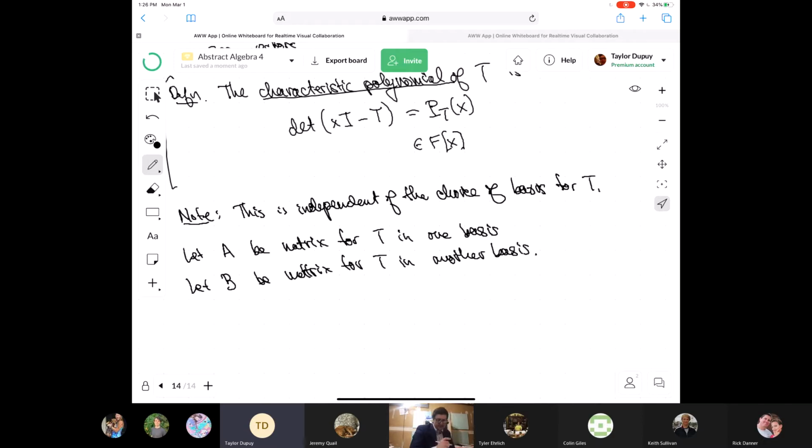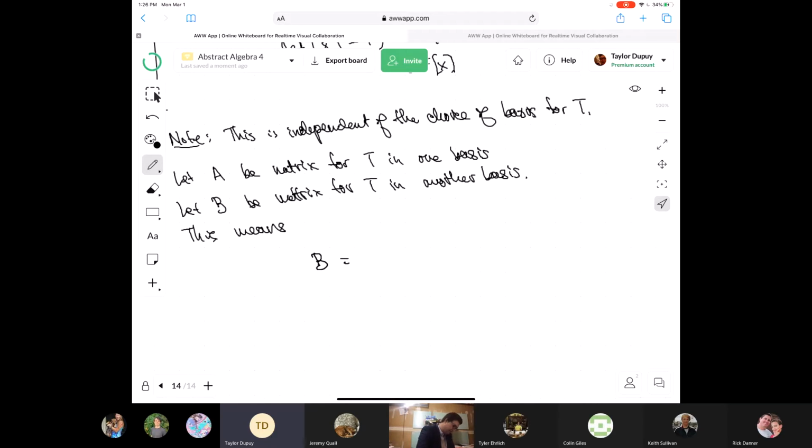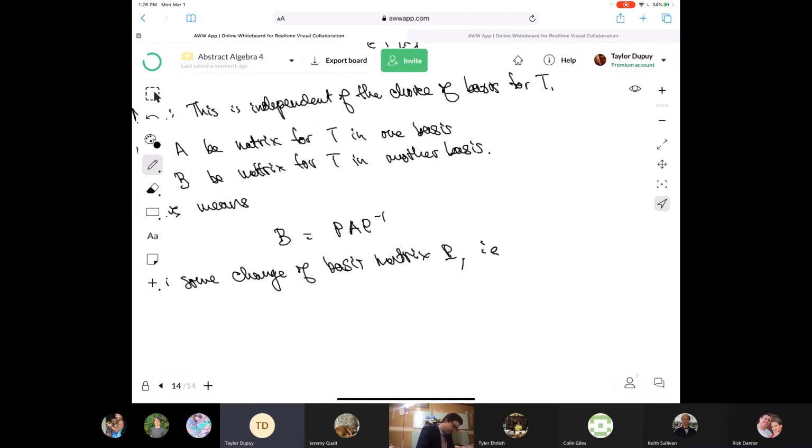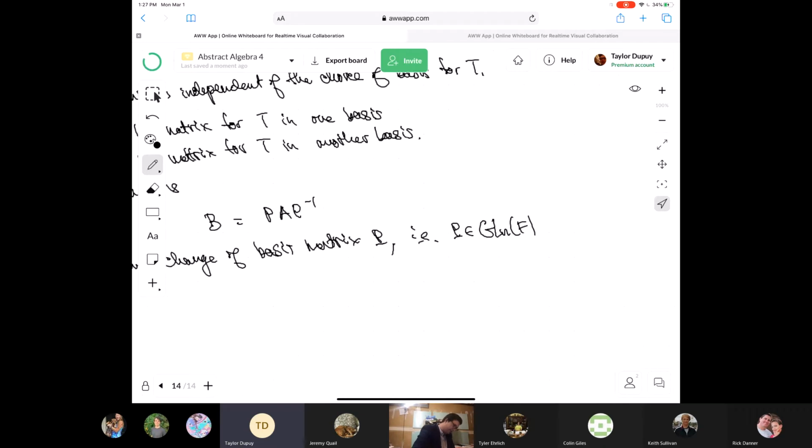So this means that B looks like P inverse A P for some change of basis matrix P. I.e., P is an element of GL_n(F).